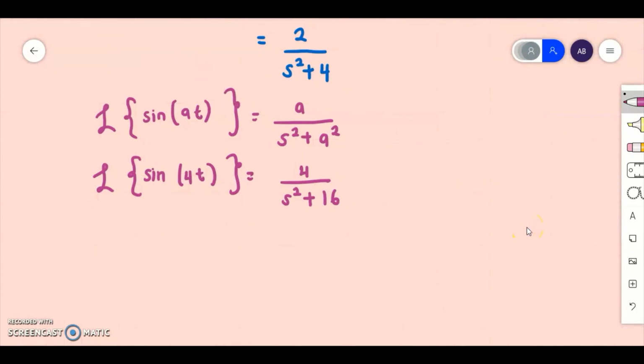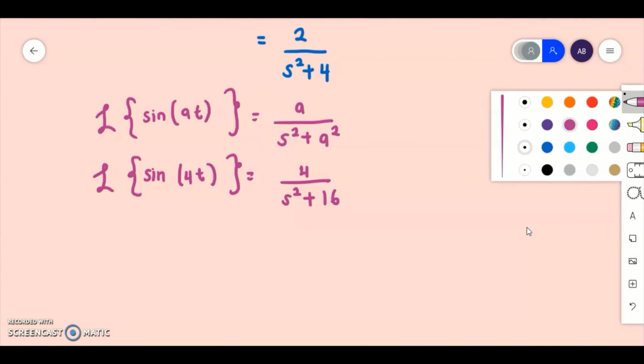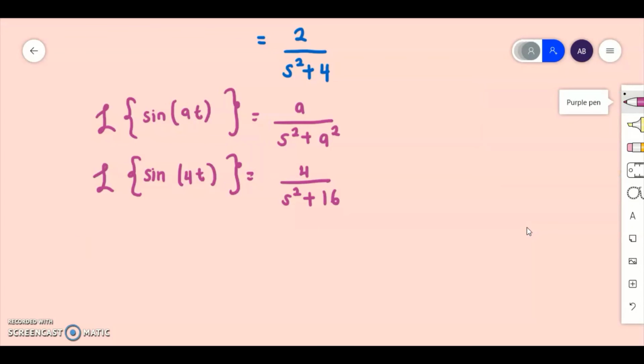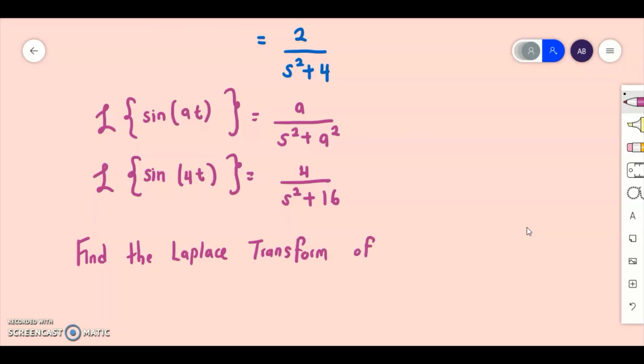Which is the homework? The homework is, okay, find the Laplace transform of cos 2t.